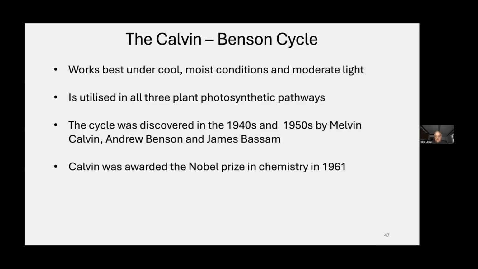In fact, Calvin was awarded the Nobel Prize in Chemistry in 1961. So it's only for the past 60 or 70 years or so that we've really known how the photosynthetic process in plants actually functions.